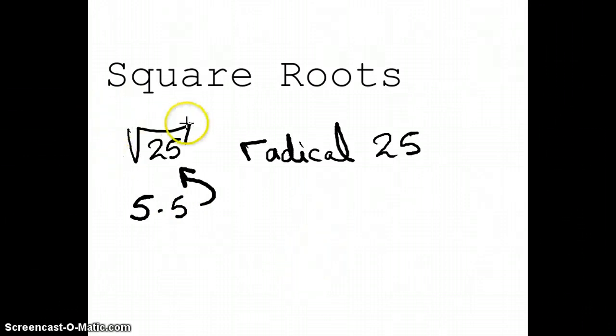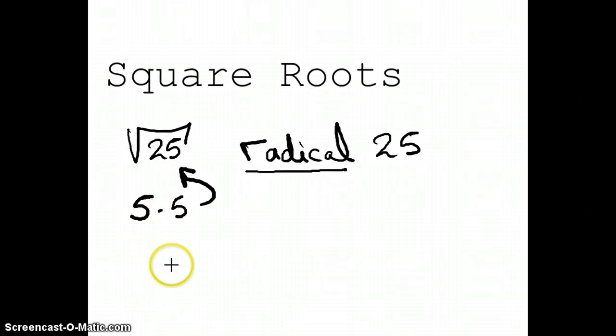The funny sign that you see here is called a radical, and the number inside is called a radicand. I don't expect you to memorize that. But the number inside the radical is what we're looking to find the solution for. So radical 25, or the square root of 25, is 5 times 5.